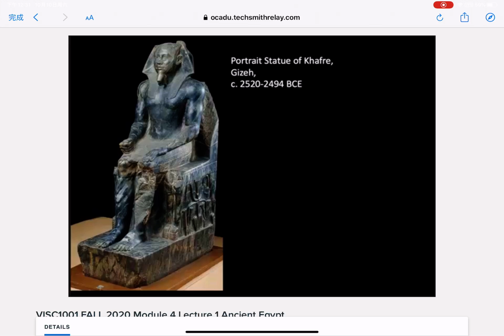But before I continue, I want you to take a moment to just look at this statue and ask yourself the question, what about this statue captures Egyptian artistic conventions? What I mean by that is, when you look at this statue, you automatically know that it's Egyptian and that it's a pharaoh. So why is that? What communicates the fact that it's an Egyptian pharaoh?